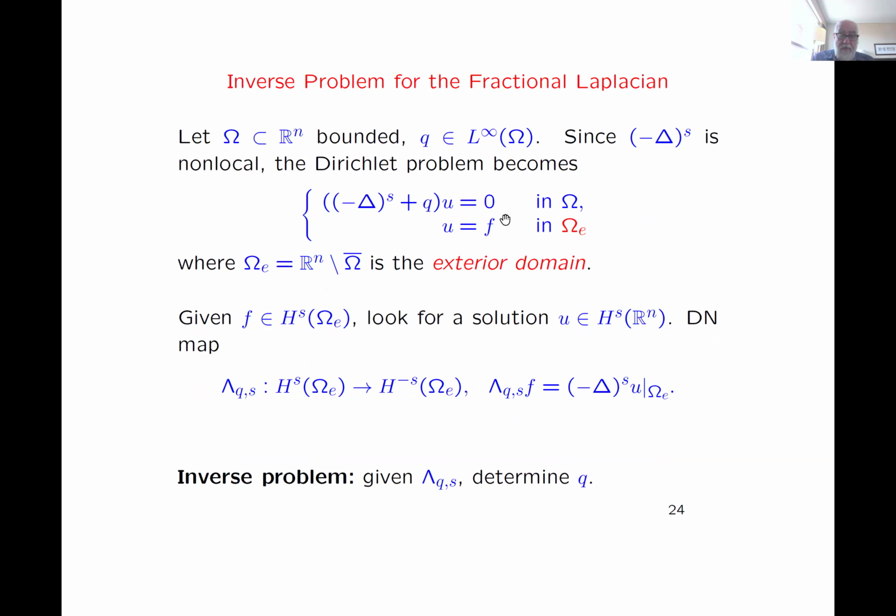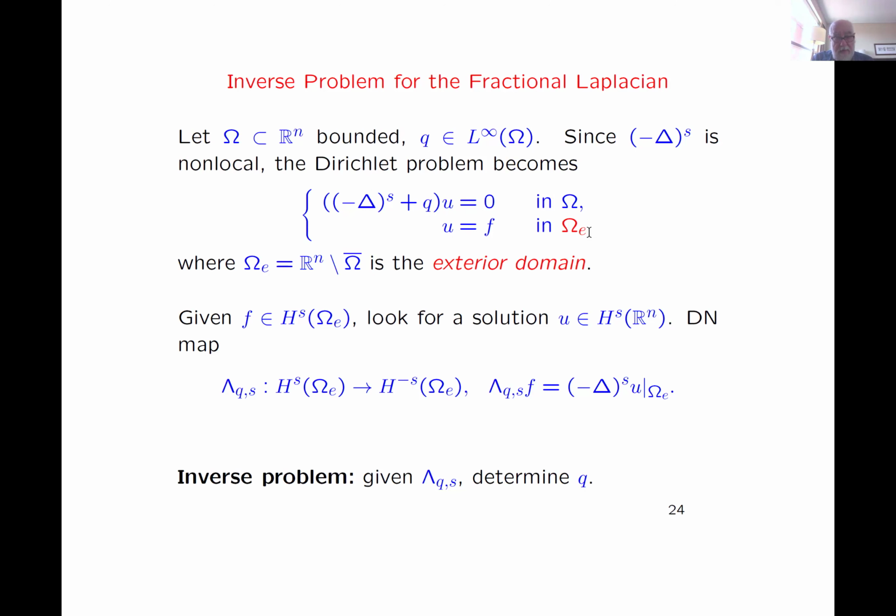And the Dirichlet problem that we're going to look at is not the standard one, because this is now a non-local operator. So solutions may blow up at the boundary or may decay not in the standard way. You cannot solve in general the usual Dirichlet problem.